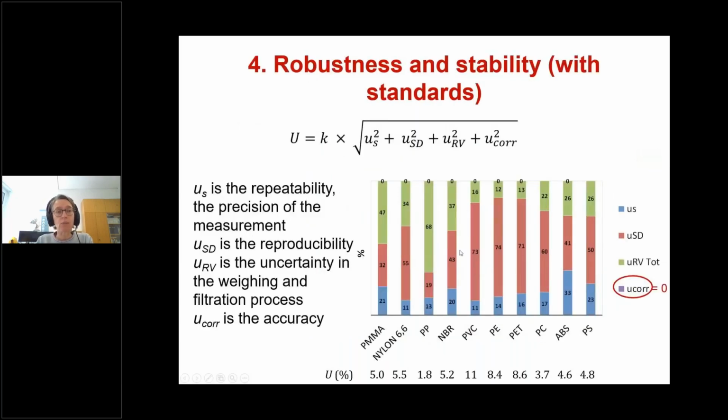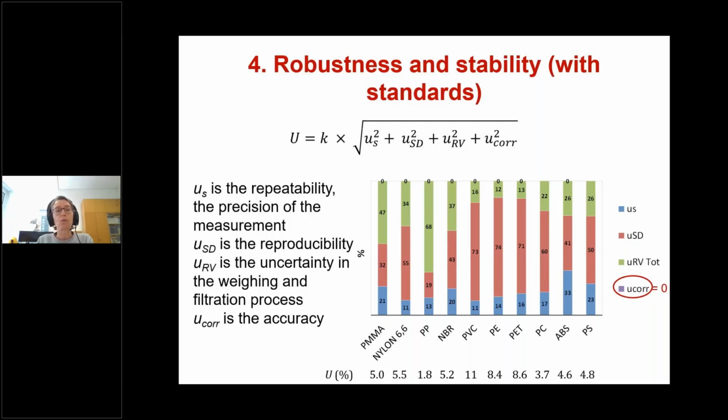We calculated the robustness and the uncertainty of the analysis, and we saw that in here, in blue, is the repeatability uncertainty. In red is reproducibility, that means injecting on different days. And in green is uncertainty during the procedure of extraction and weighing the microplastics.